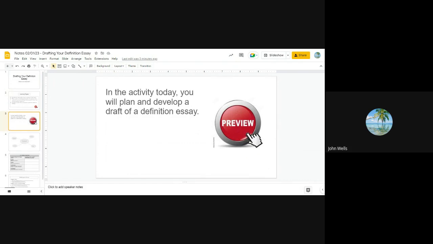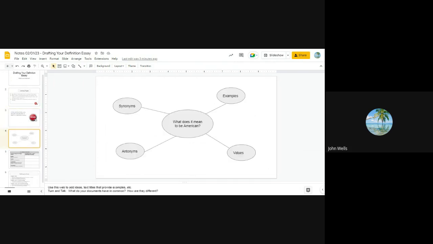So if we look at this quick bubble map, or mind map, if you will, this is a quick overlook of different ways we can look at what it is to be an American. In the middle we have what does it mean to be an American, and over here on the top left we have synonyms. So these are other words we could use to say American, right?